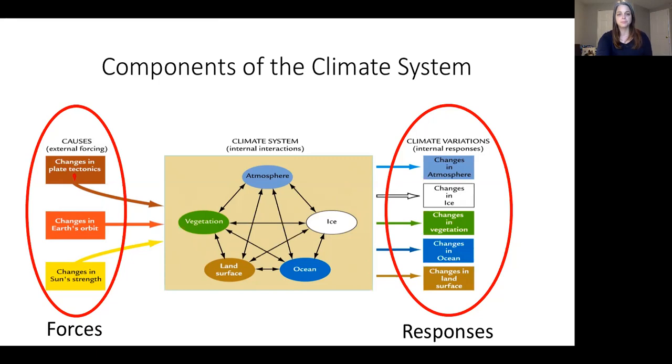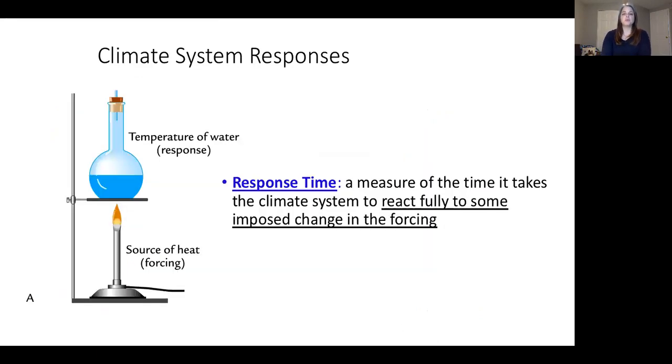mechanism for climate. So climate system responses are important to think about in terms of each of those different components and or a forcing mechanism. The response time is the amount of time it takes for the climate system, all 5 of those components, to react fully to some imposed change in the forcing.